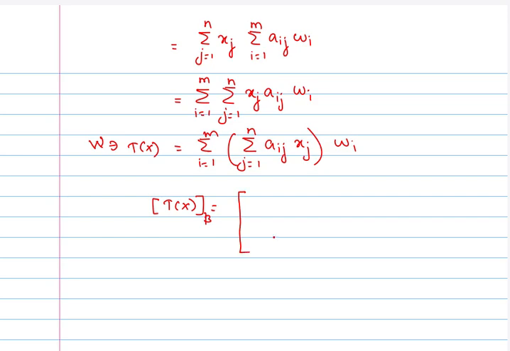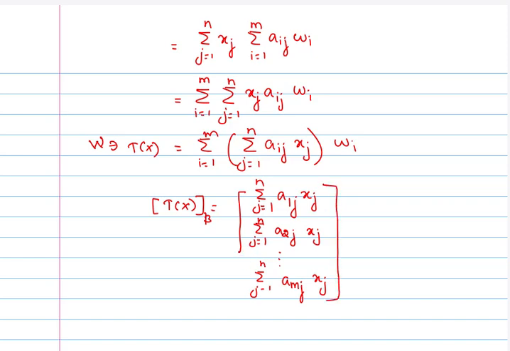It is simply the coordinate vector whose first element is the sum over j from 1 to n of a1j times xj, second element is the sum over j from 1 to n of a2j xj, and so on, up to the sum over j from 1 to n of amj times xj.